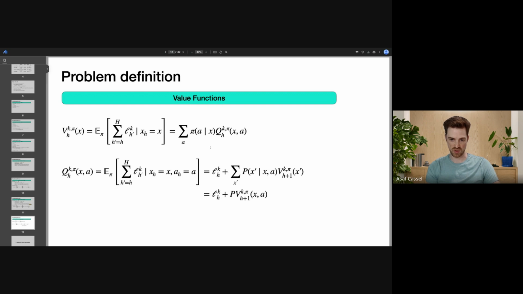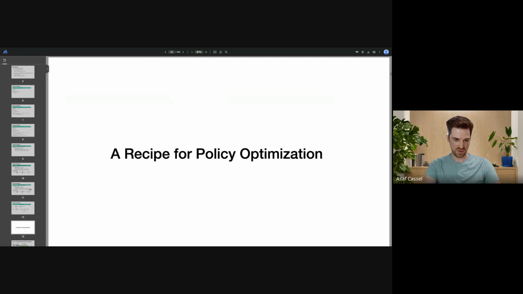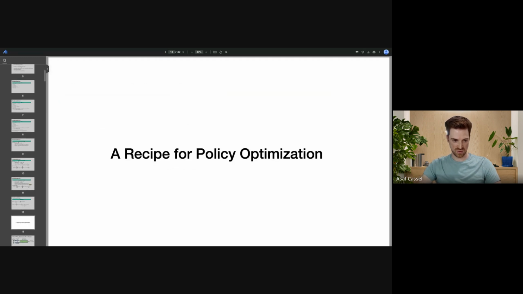The important part is just to remember that the Q function is the immediate loss plus an expectation over the next value. And the value is just taking the Q function and taking expectation over the action with respect to the policy. So standard stuff.